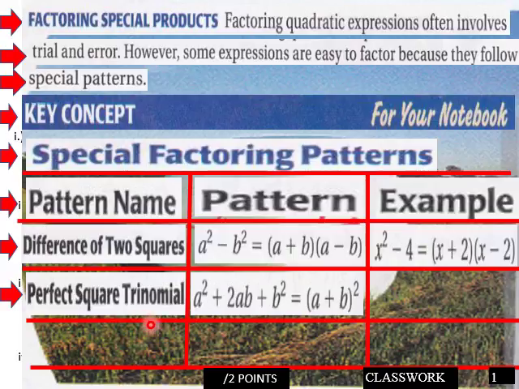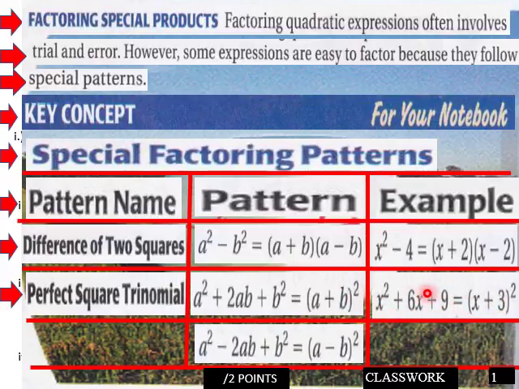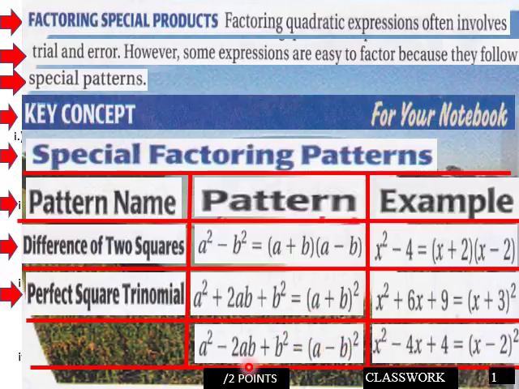Then the perfect square trinomial would be this situation here, a plus b squared, and the example would be x plus 3 squared for this trinomial. And then a squared minus 2ab plus b squared would be the perfect square trinomial for a difference, a minus b squared.